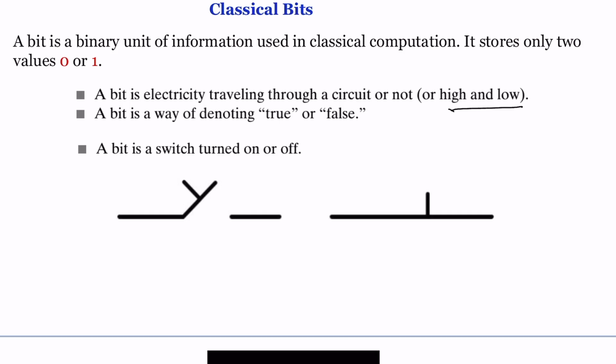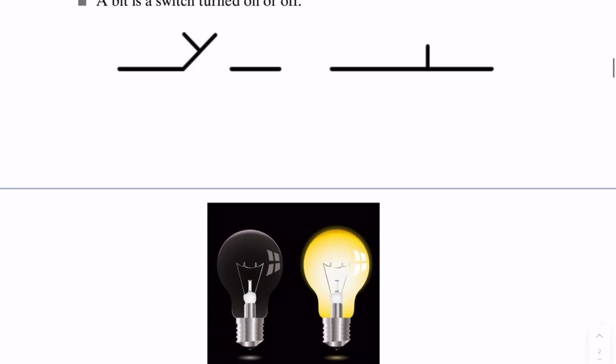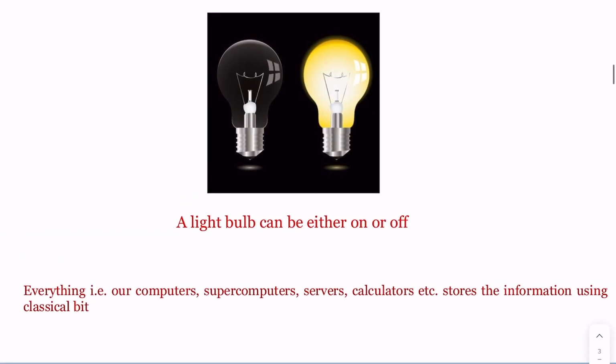Similarly, a bit may be denoted by true or false, true for 1 and false for 0, or vice versa. Or a bit can also be a switch that is turned on or off. Or we can even think in terms of a light bulb, which can be either on or off.